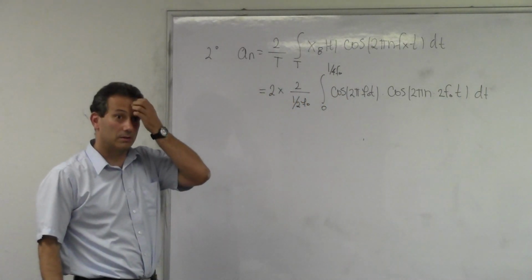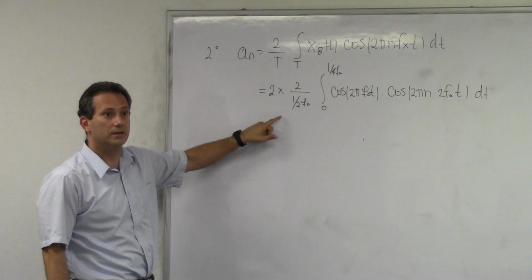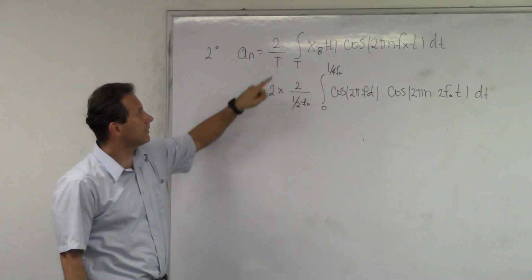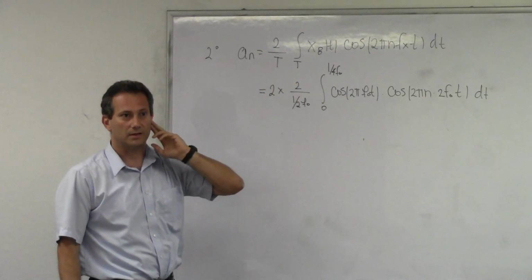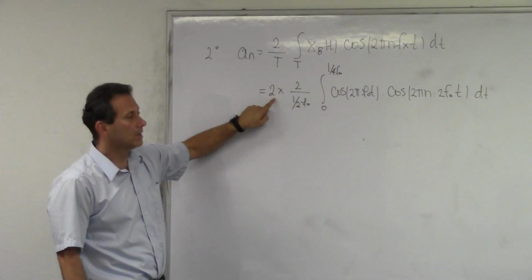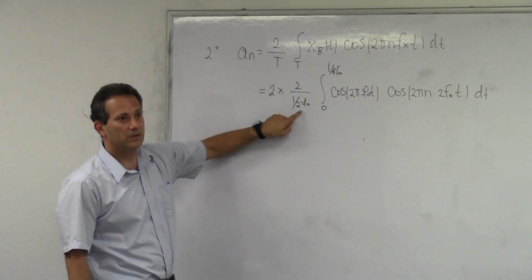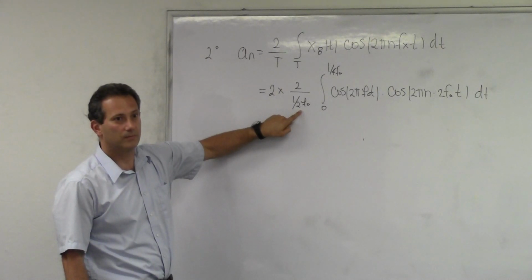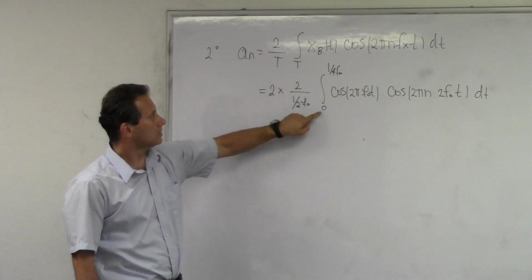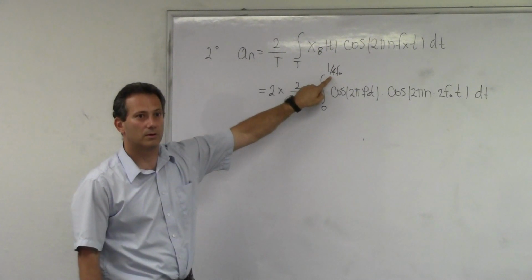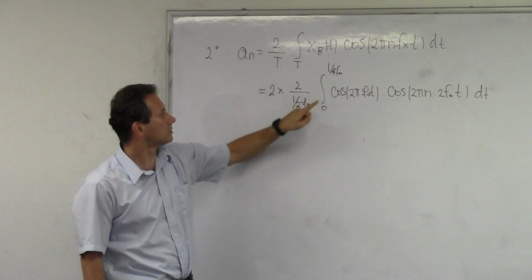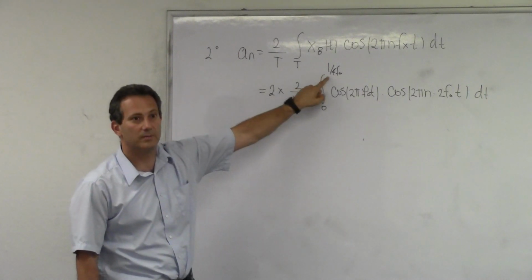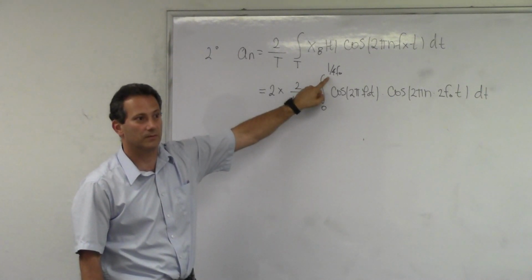There are some tricks here. Let's review what I did again. First, the function is even, so I'm integrating only on the right-hand side, and I put 2 here. 2 over the period, and the period is 1 over 2f0, so I placed it here. From 0 to period over 2, which is 1 over 2f0 divided by 2, which is 1 over 4f0.